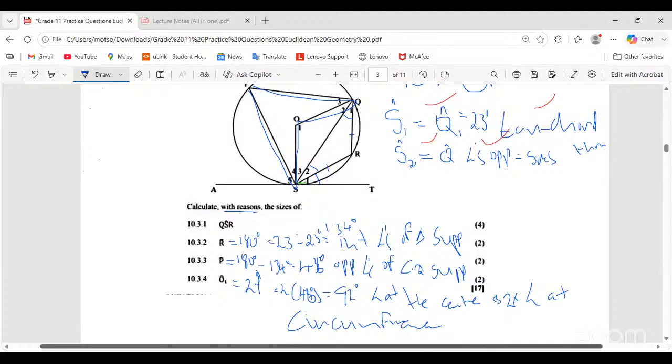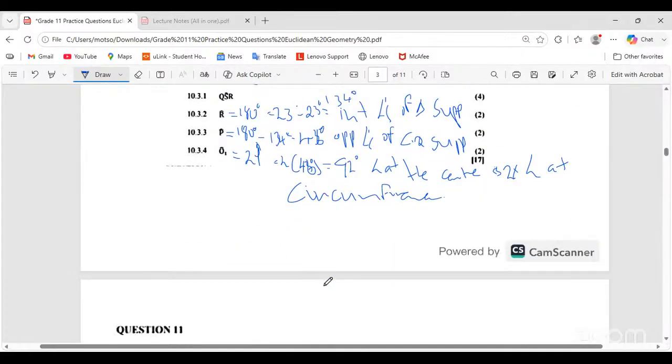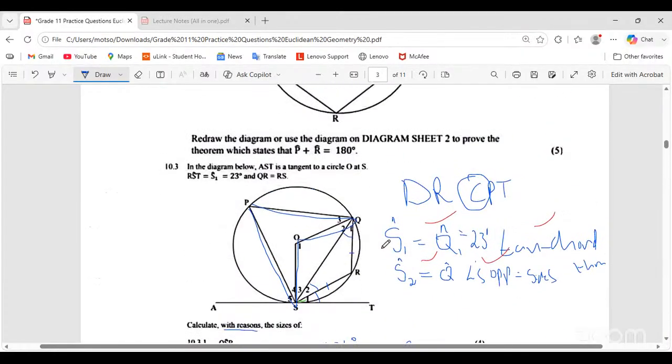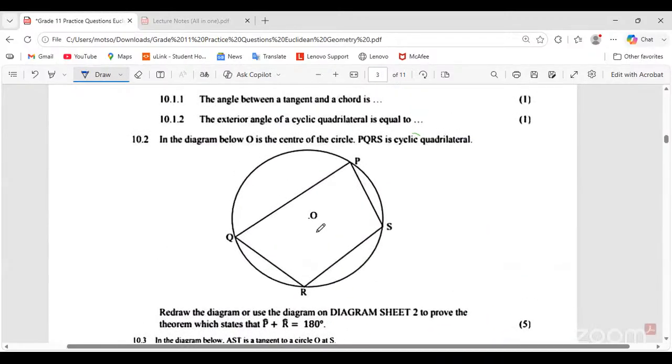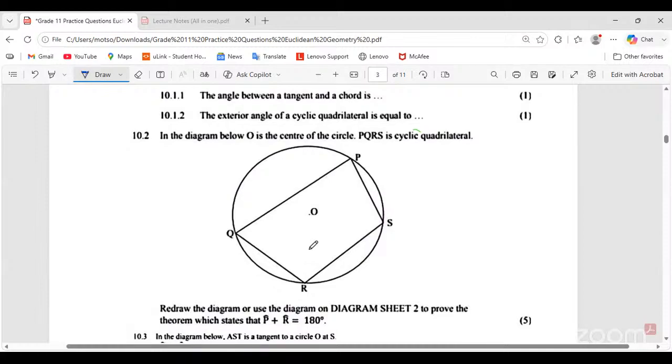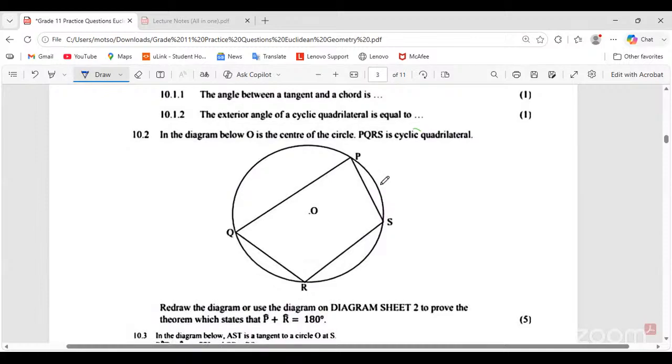Now we are done with question 10.3. We still have time, and I promised to do this question in this lesson. This is the proofs of the theorems. So now we will be proving that angle P and angle R are supplementary.